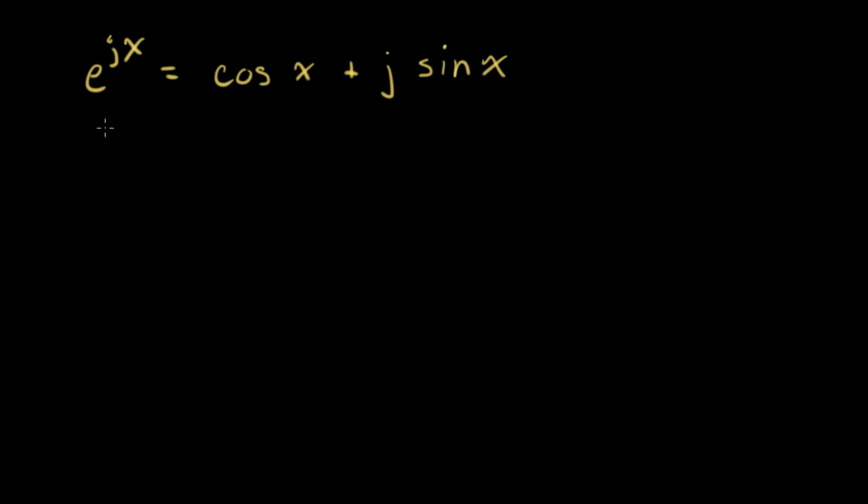So I have to mention the other form of this formula, which is I put a minus sign in here, e to the minus jx equals cosine x minus j sine x. So these two expressions together are Euler's formula or Euler's formulas.